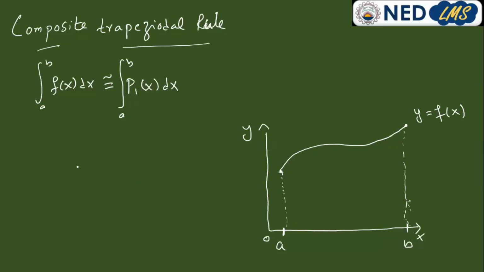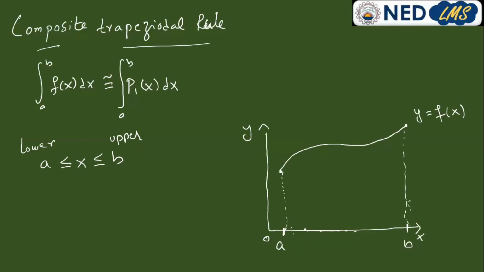The limit here, for x values, is moving from a to b. We all know that the limit is ranging from a to b. This is the lower and this is the upper value. So the integral that I want to perform is moving from a to b. Here are many x values. So what we will do is divide that interval from there to there into small pieces of equal length.